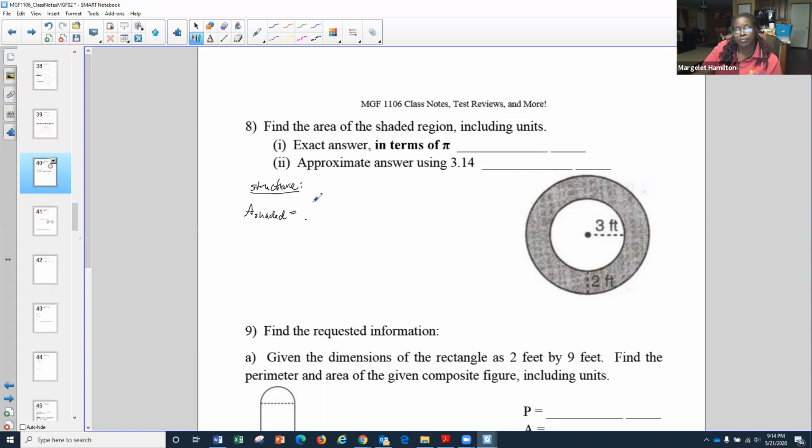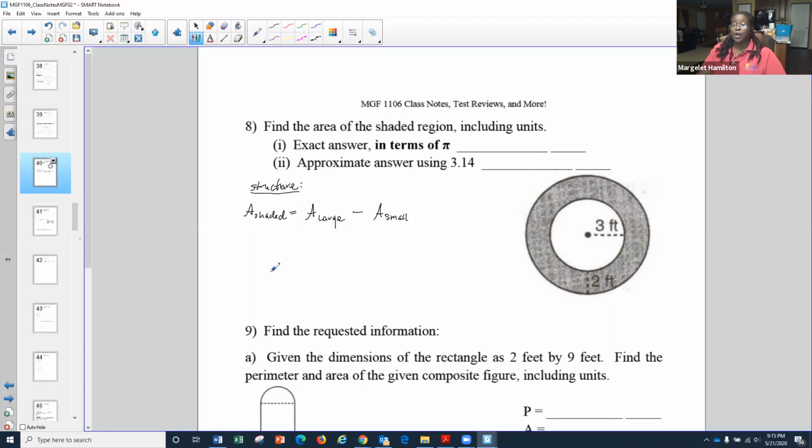The area of the large circle and subtract from it the area of the smaller. And whatever is left has to be that shaded part, right?